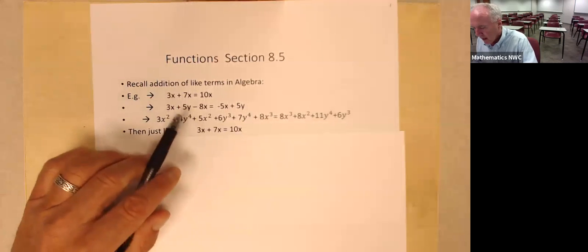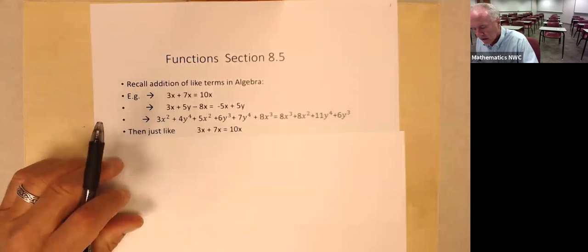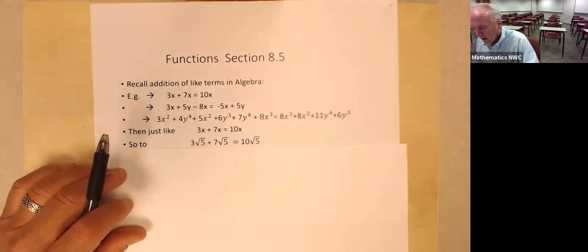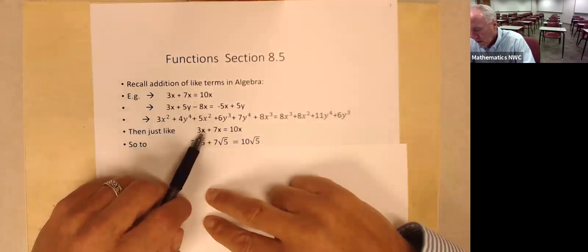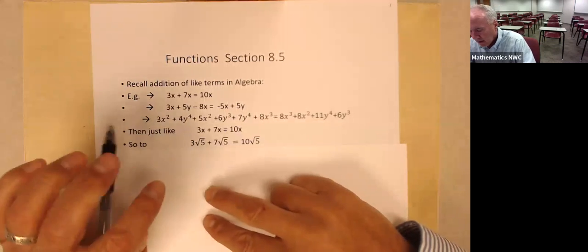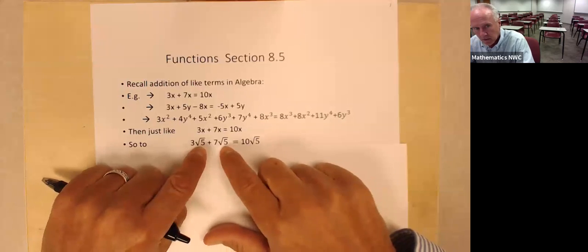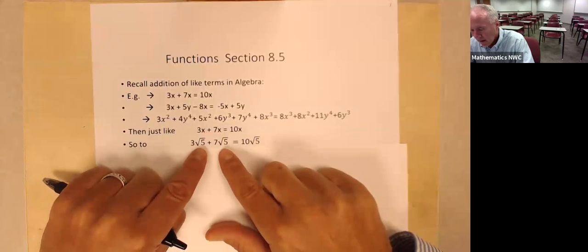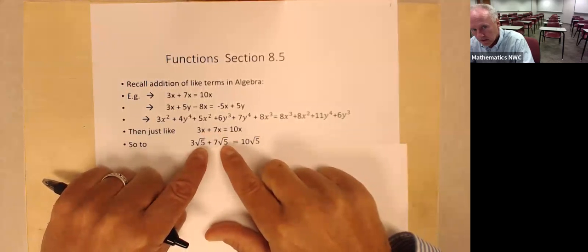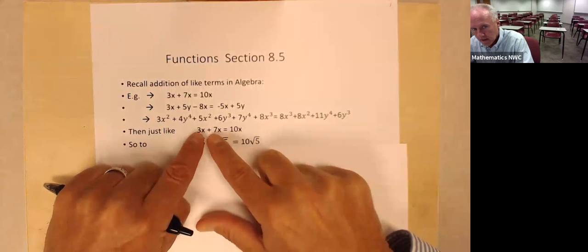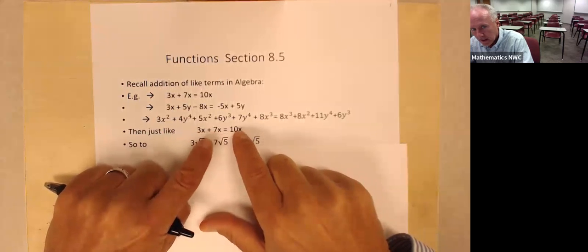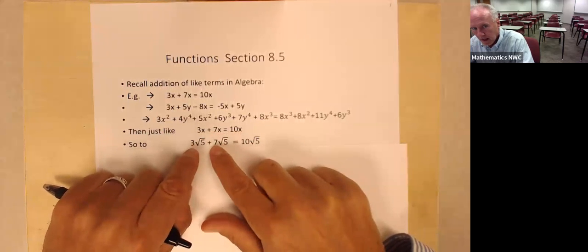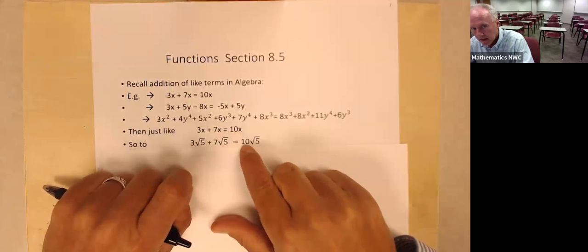Now, just like we added up here at the very beginning, 3x plus 7x equals 10x, the x could be anything. In this case, I let the x be radical 5. It's the same as something here for x, radical 5 in both cases. So here, just like we added the 3 plus the 7 to get 10, I'm going to add the 3 plus the 7 to get 10.